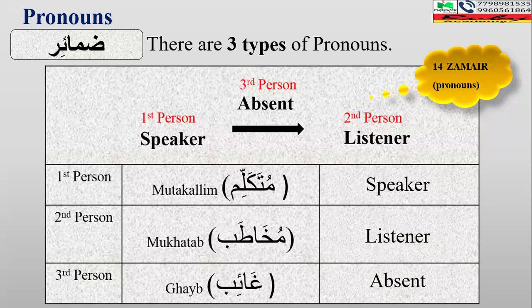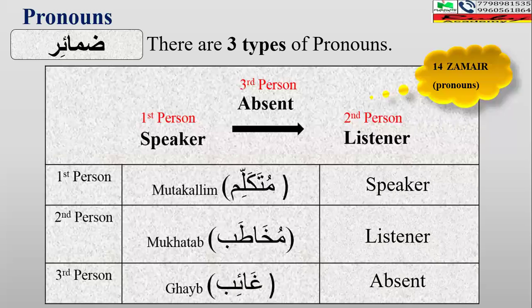Suppose, for example, if any sister is absent today and we are talking about her, so that person will be third person. So the first person who speaks, the second person who listens, and the third person who is absent.